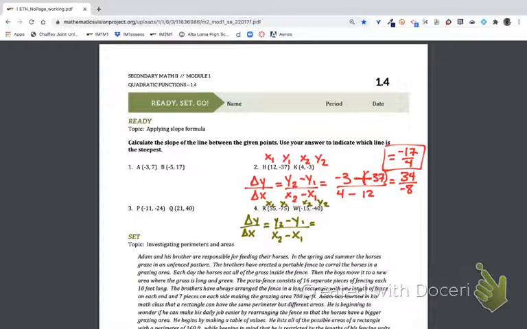So in this case, we have a y2 of -40 minus a y1 of -75, an x2 of -15, and an x1 of +55. So yet again, here we have a negative times a negative being a positive. So -40 plus 75 gives me +35. And -15 minus 55 gives me -70.